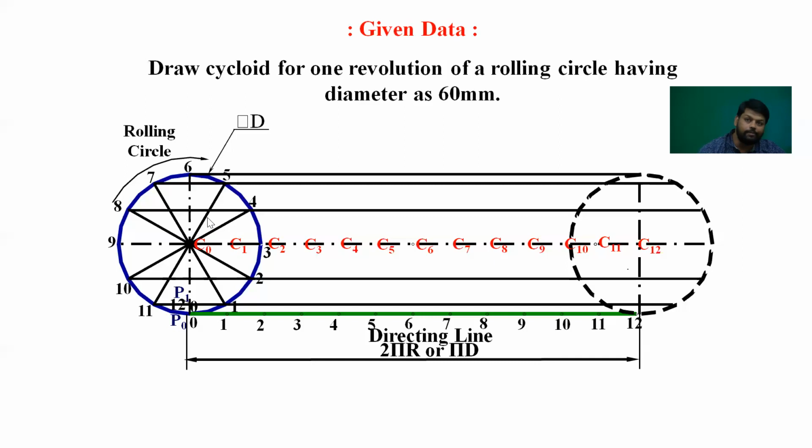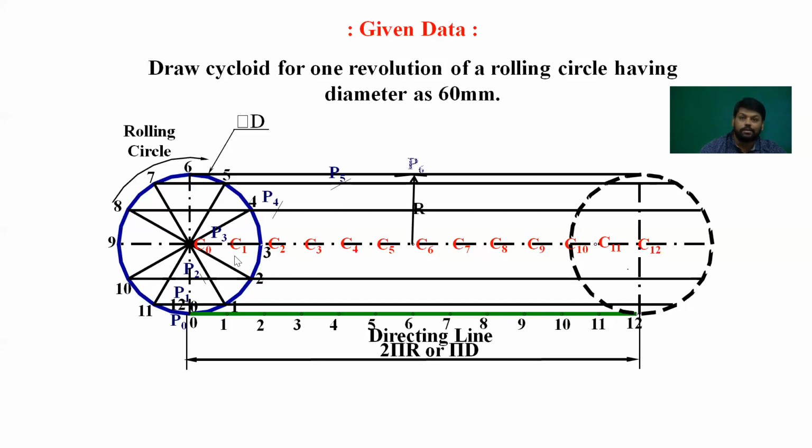Now again we will rotate the circle to the next stage, the center C1 becomes C2 and 2 contacts the line, so that the point P1 rises again. So again you take the compass, measure the radius, put C2 as center, and cut the line passing through 2, so that you get the point P2.